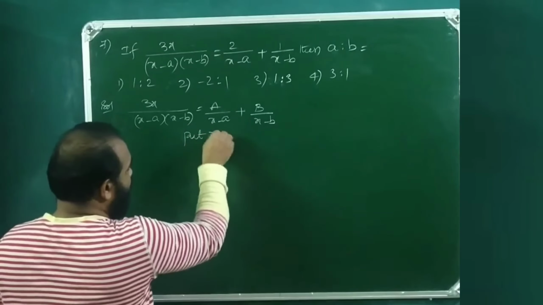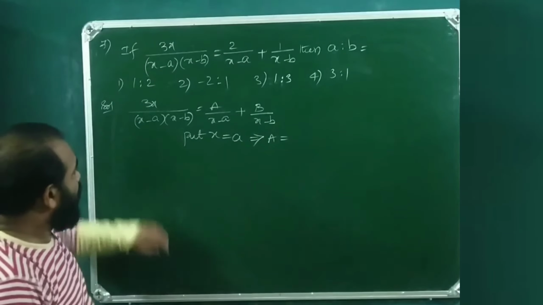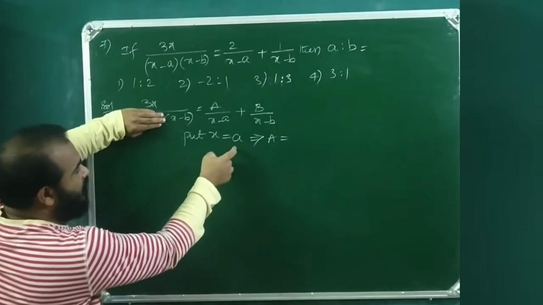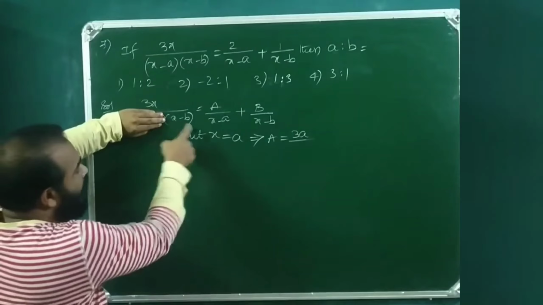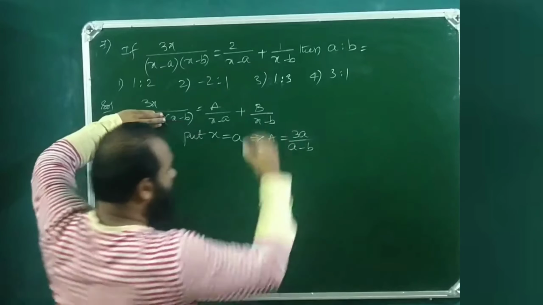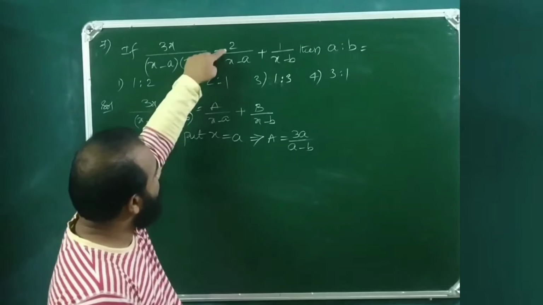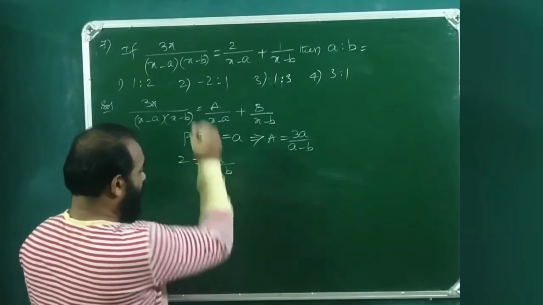Put x equals to a. Now, a is equals to, so x minus a, if you cover and substitute x equals to a here, 3 into a, 3a by a minus b. In the place of a here 2. So 2 is equals to 3a by a minus b.